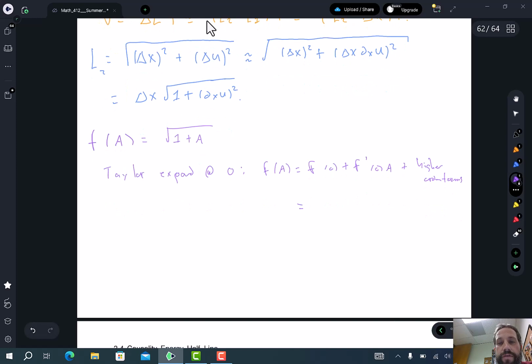Okay, so f of 0 is equal to the square root of 1 plus 0, which is just 1. f prime of 0: if I take the derivative of this function and evaluate it when a is equal to 0, it's just going to be 1 over 2, plus higher order terms.